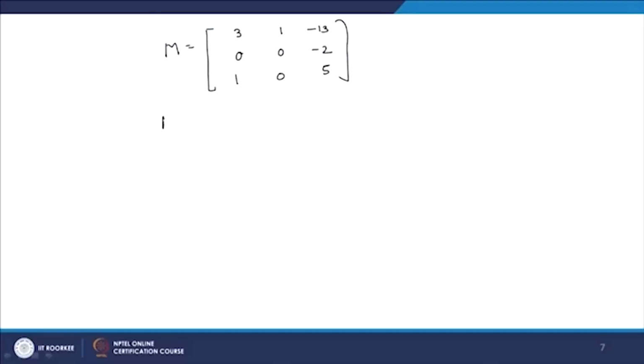Now here if you calculate the inverse of this matrix M, we will get M inverse as 0, 2.5, 1, 1, minus 14, minus 3, 0, minus 0.5 and 0. So, we have got M inverse.